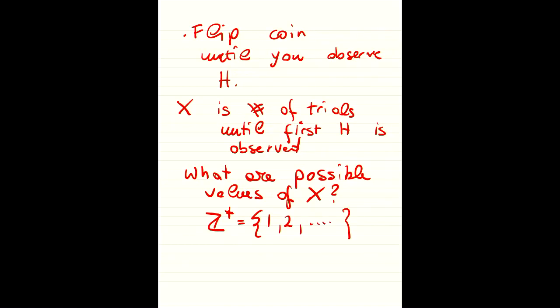And there is no ending there. Very good. So possible values of X is Z plus, which is good. Let's ask the probability. Is this clear so far? So the probability that X is equal to 1, well, you want to have a success right away.